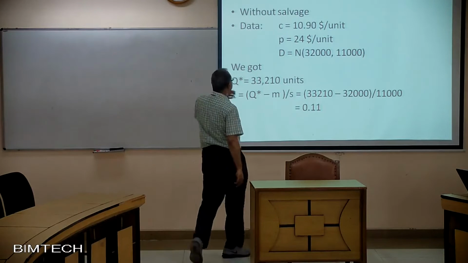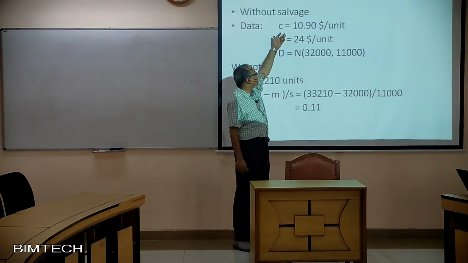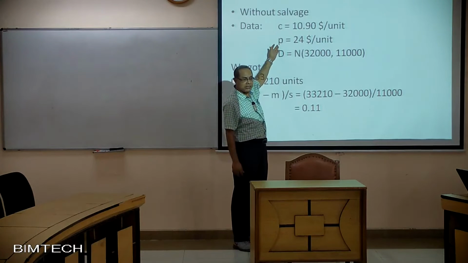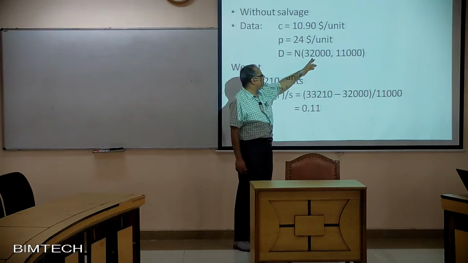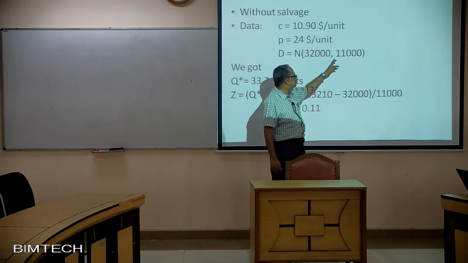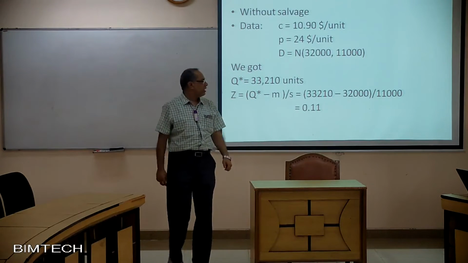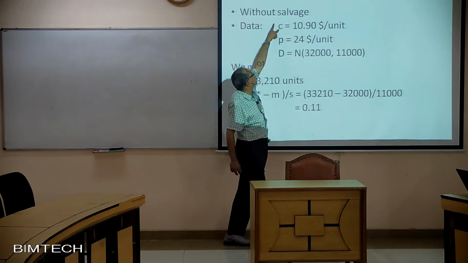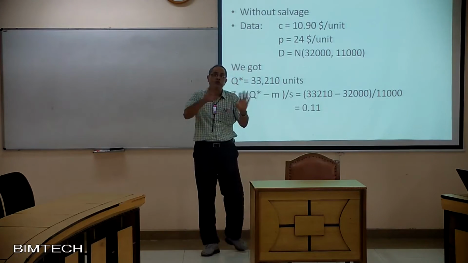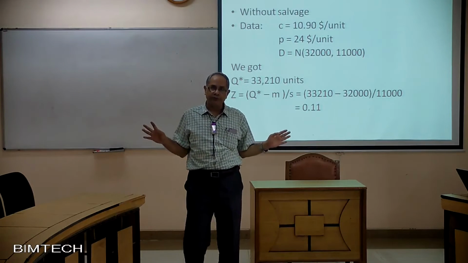That data tells us that the unit cost for a jersey is 10.9, the selling price is 24, and demand is normally distributed with mean 32,000 and standard deviation 11,000. Remember we are talking of a case when there is no salvage value.